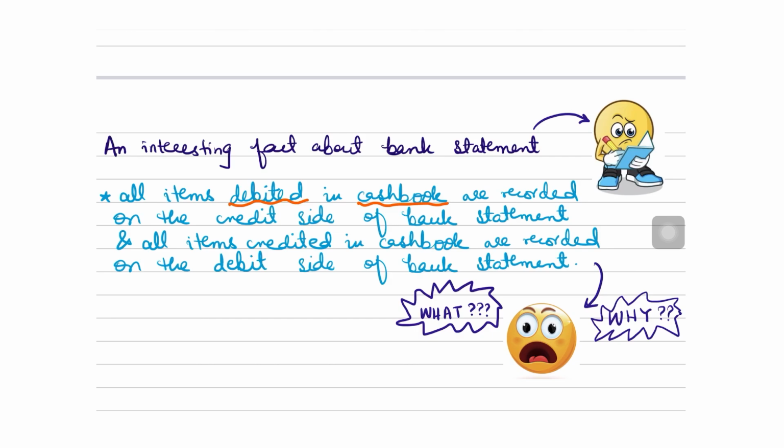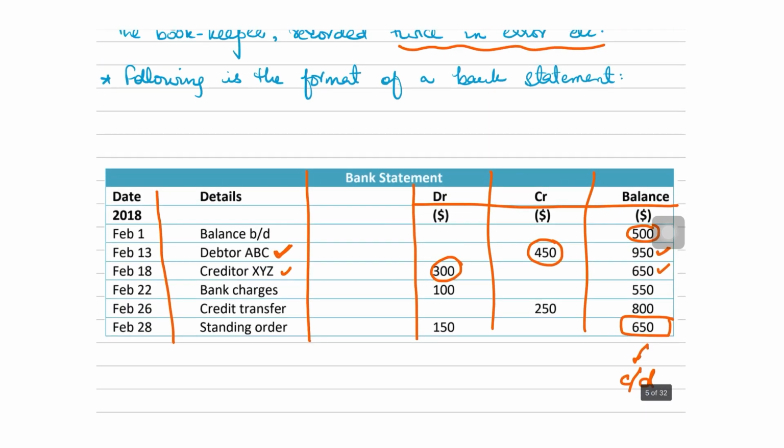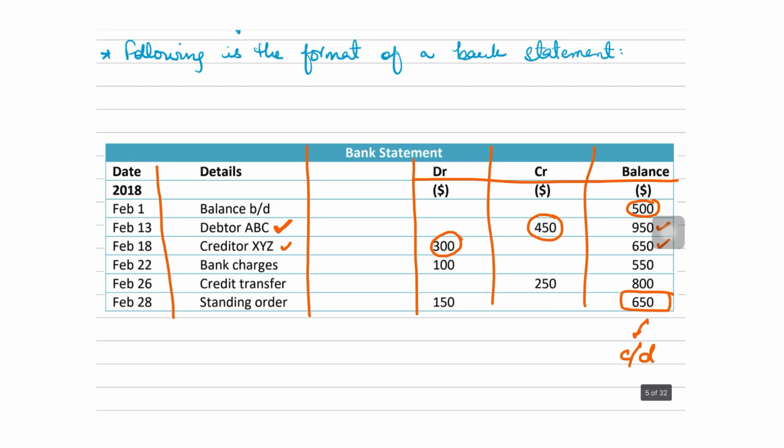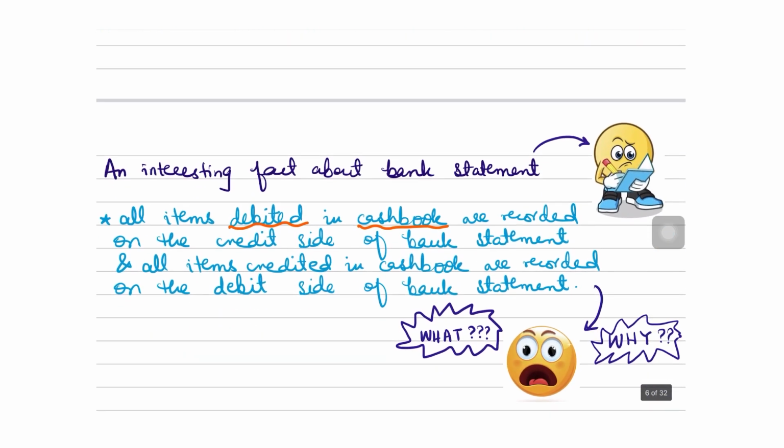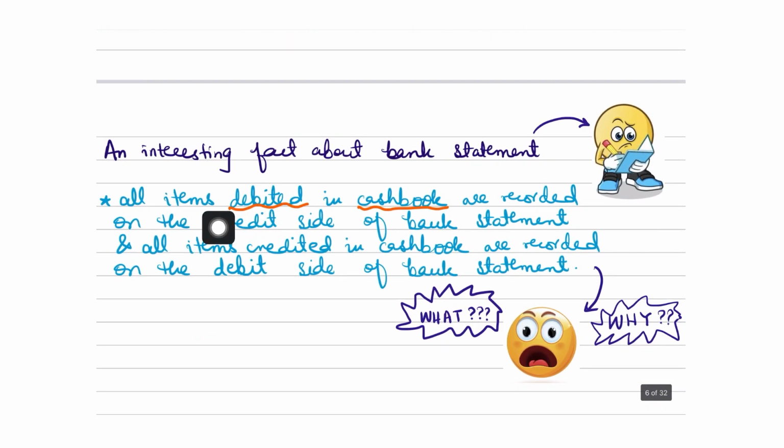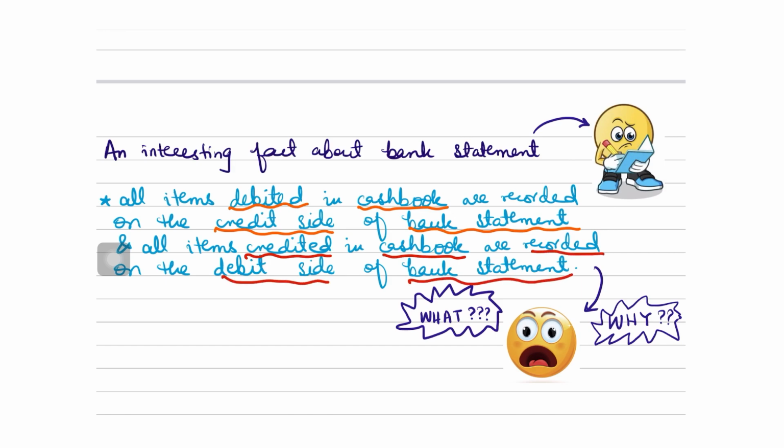What items come to our mind which are debited in the cash book? For instance, payments from the debtors, or any other incomes received in the bank account. All of that is debited in the bank account of the cash book, right? So items debited in the cash book are recorded on the credit side of the bank statement. And similarly, items credited in the cash book are recorded on the debit side of the bank statement.